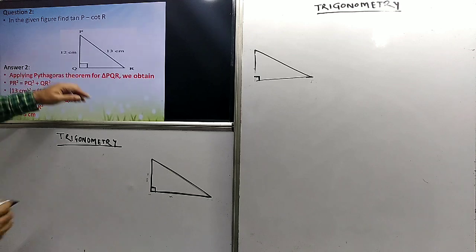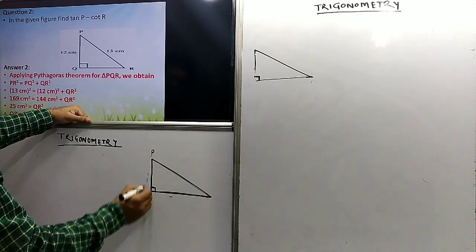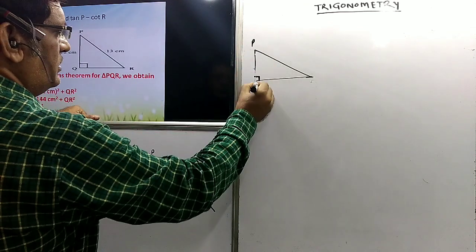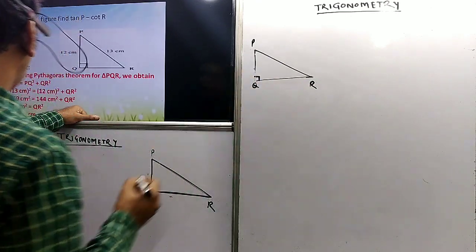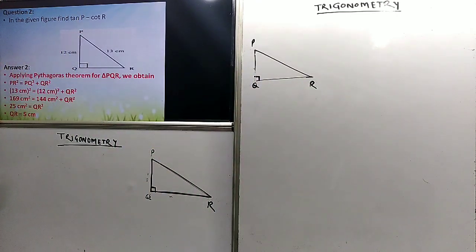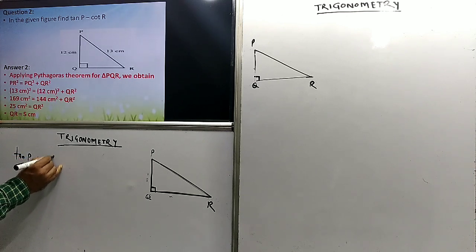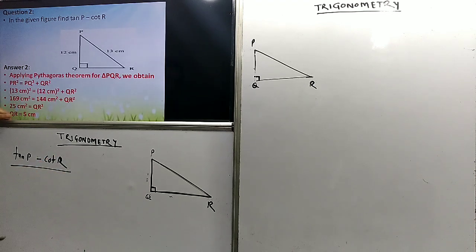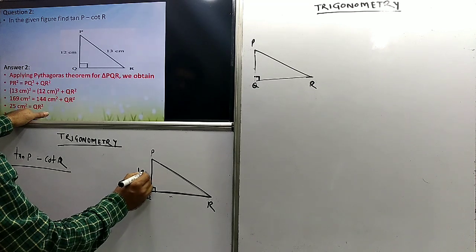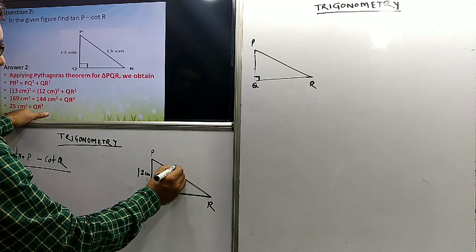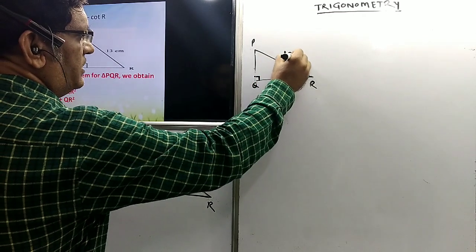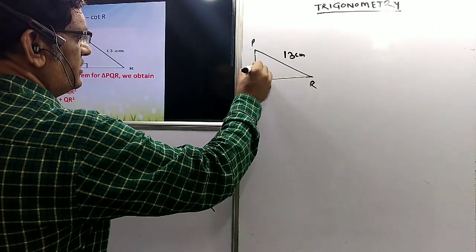It is given that PQR is a right angle triangle with angle Q 90 degrees, and we want to find tan P minus cot R, provided that PQ is 12 centimeters and PR is 13 centimeters. So this is the 13 centimeter side and this is the 12 centimeter side.